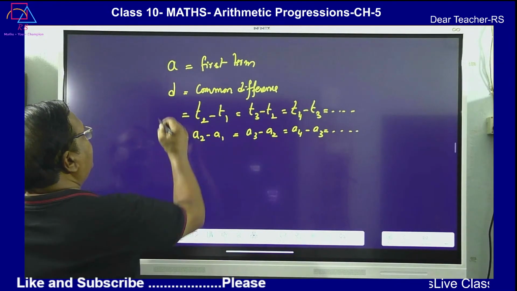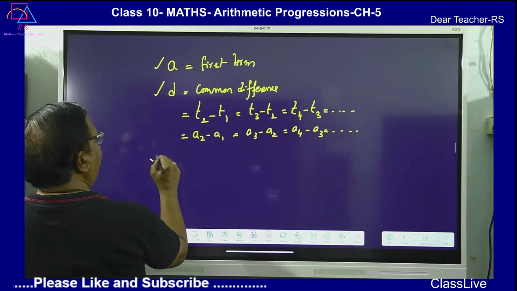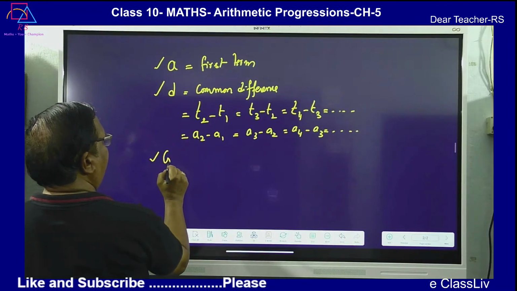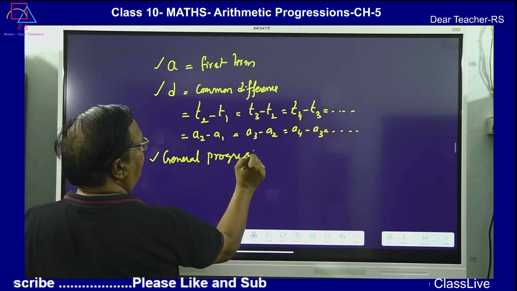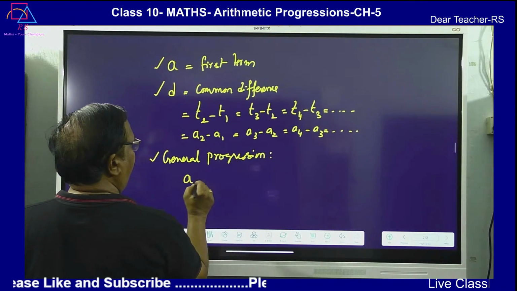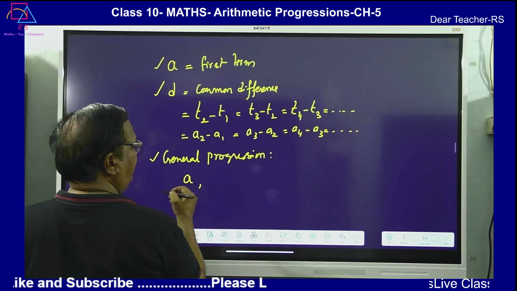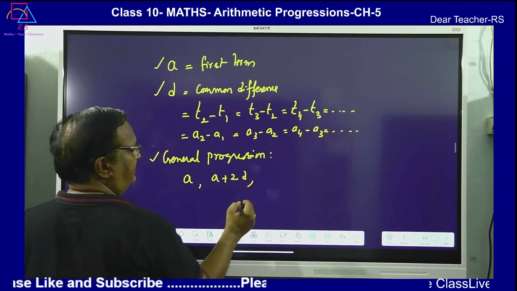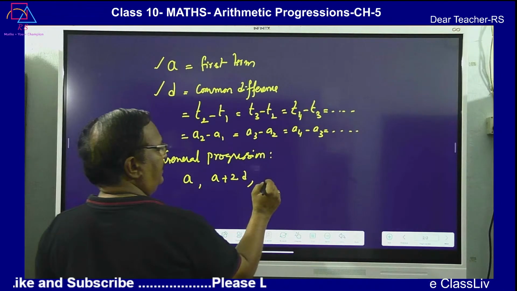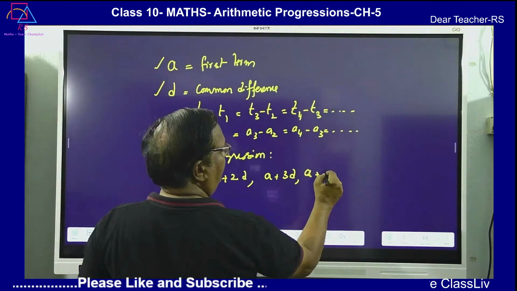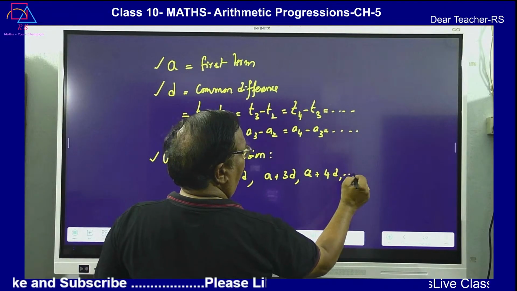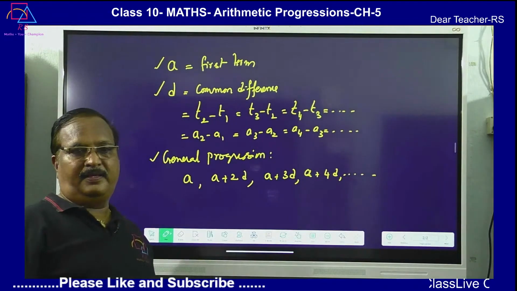So now this is the general progression. How will the general progression be obtained? A is the first term, A plus D is the second term, then A plus 2D, A plus 3D, and so on.